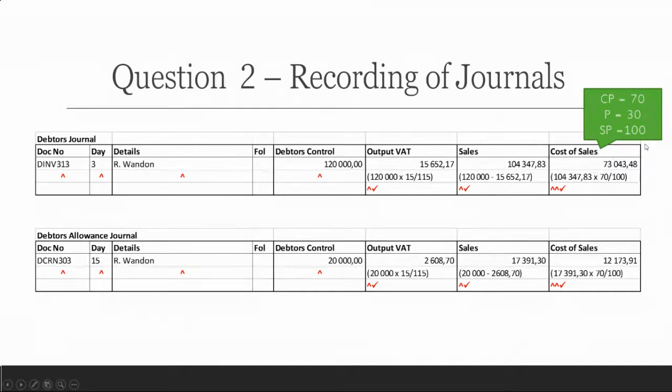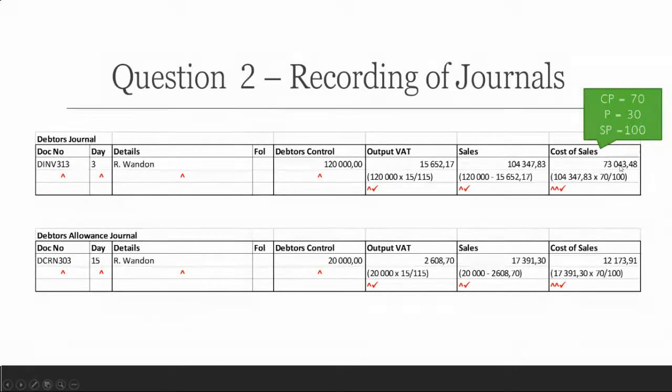So just to repeat it, if your markup is on selling price, your selling price should equal 100% and not 100 plus the profit percentage. The profit percentage would remain 30, but then your cost would have been 70. So then you take the sales amount and you multiply it with 70 over 100.